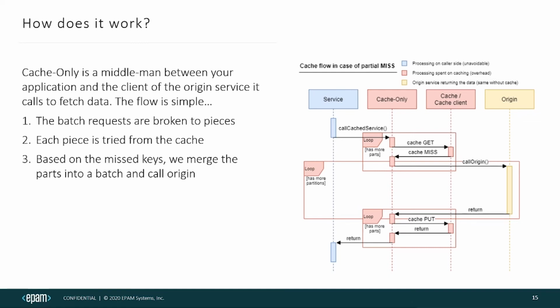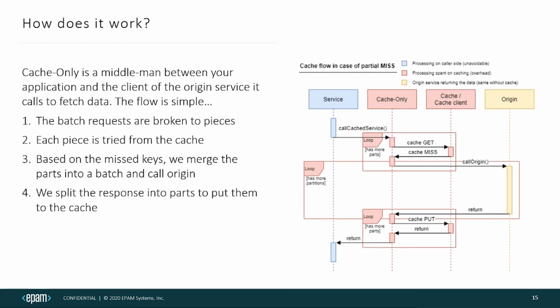And from the results from the cache, we collect everything that was missed or everything that needs to be fetched. We are merging it back together, calling the origin service, and then based on the results, we can split the response into parts, put the smaller partial responses into the cache.